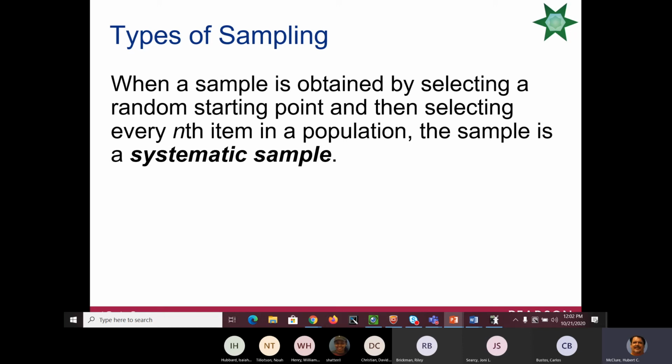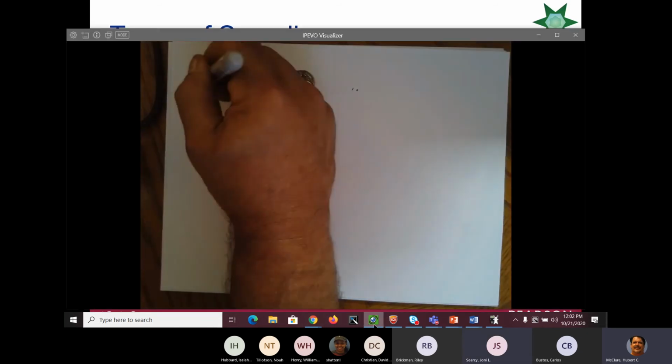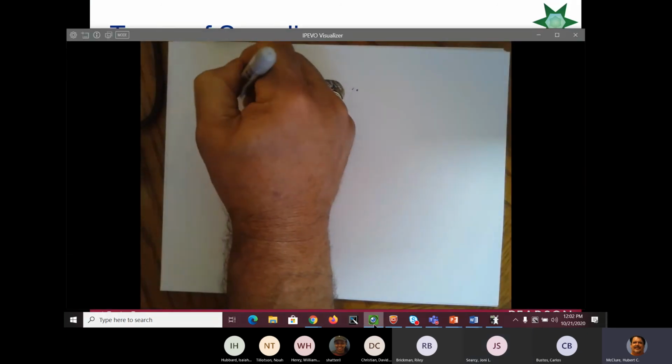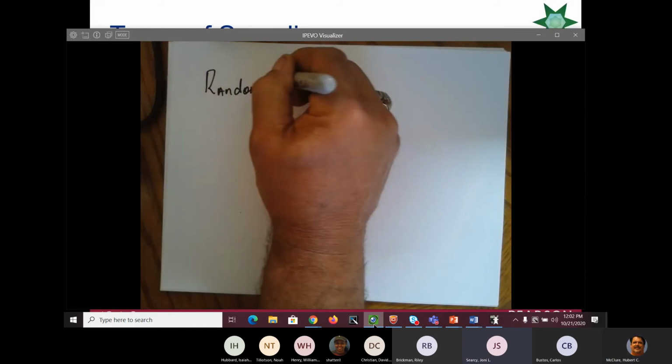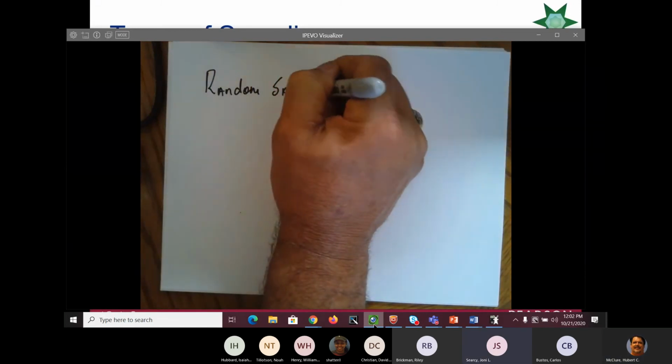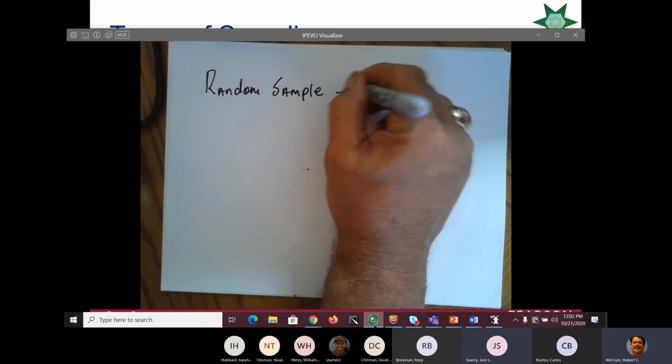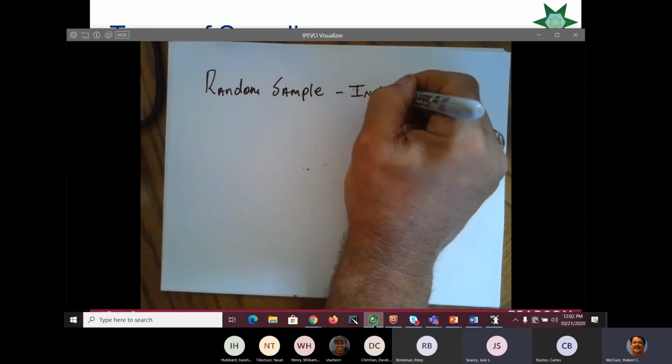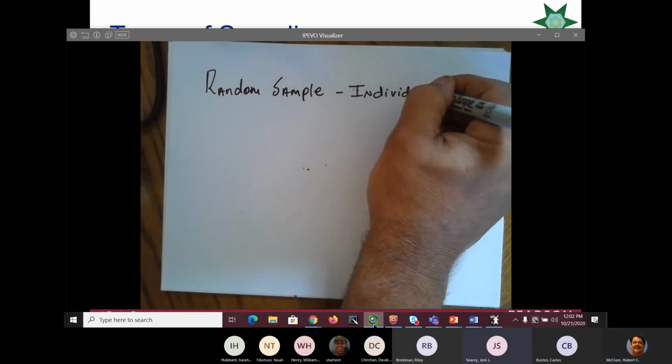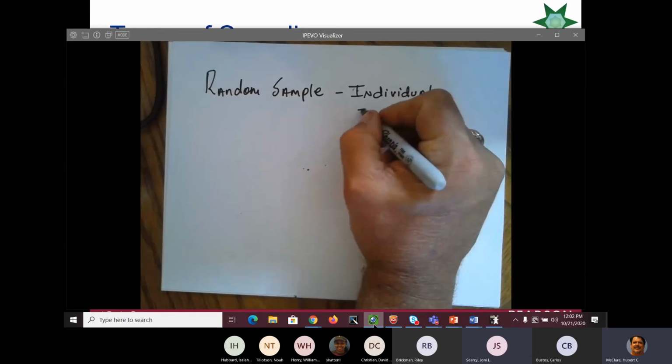Now the difference between groups and systematic. A random sample is based on individuals having an equal chance.